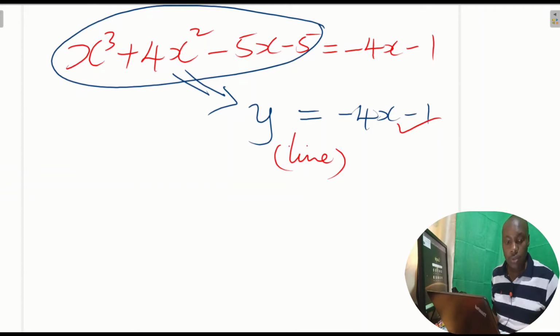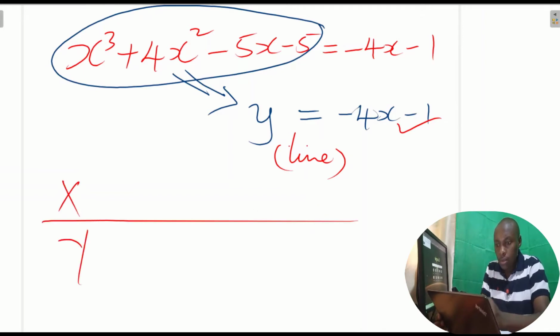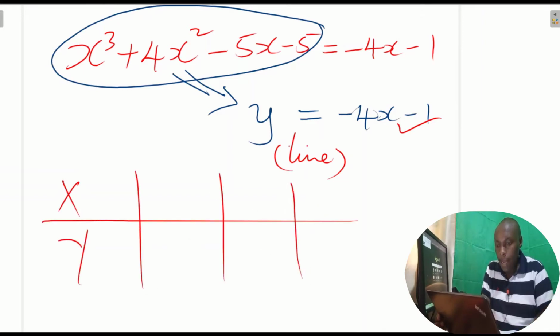Now for us to draw that, of course we'll need some points which I've already calculated here. You need 3 points to draw this line. You can use 2, but for the purposes of accuracy you can use 3. So let me use 3. I'll use 0, negative 1 and 1.